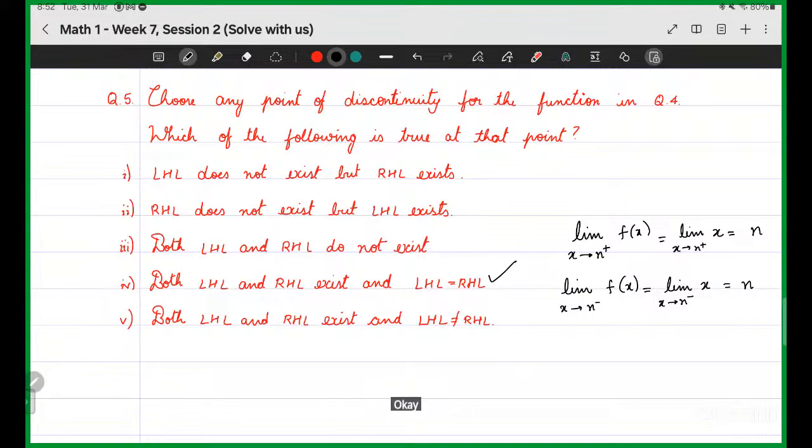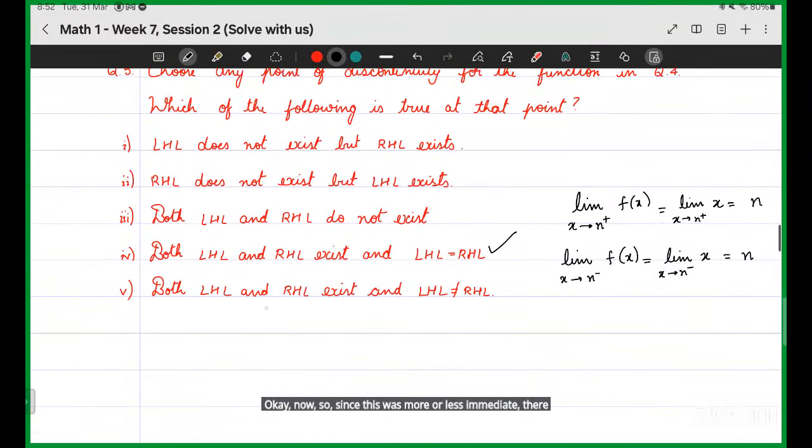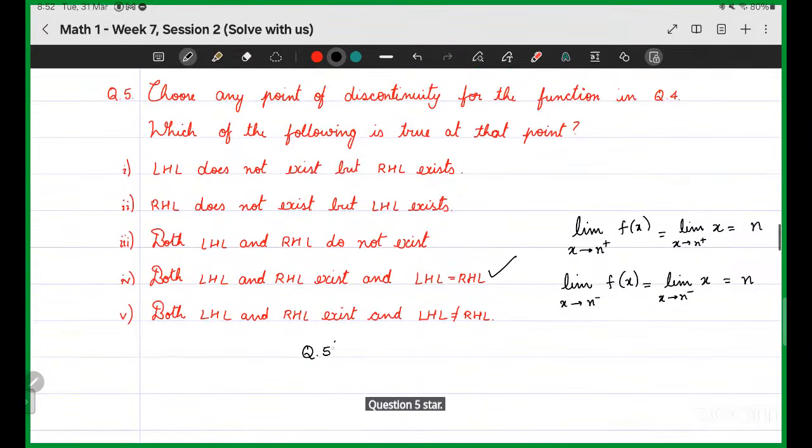Okay, so since this was more or less immediate, there's another question. Question 5 star. Which of the statements above, same thing, is true for f tilde of x, which is defined as step?